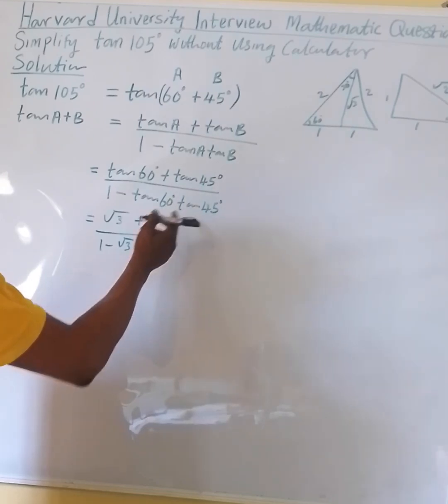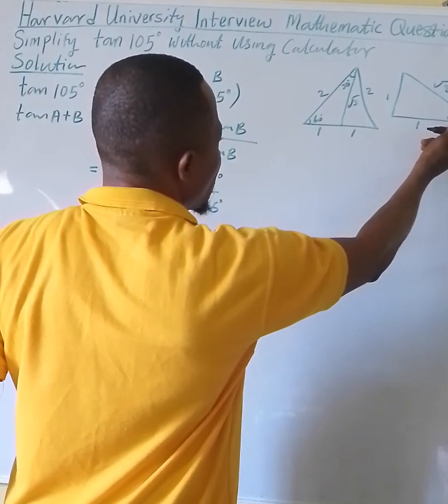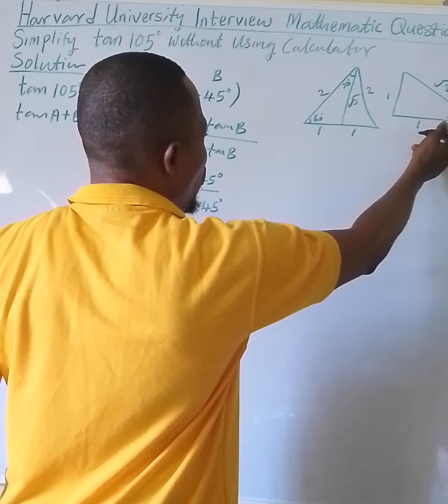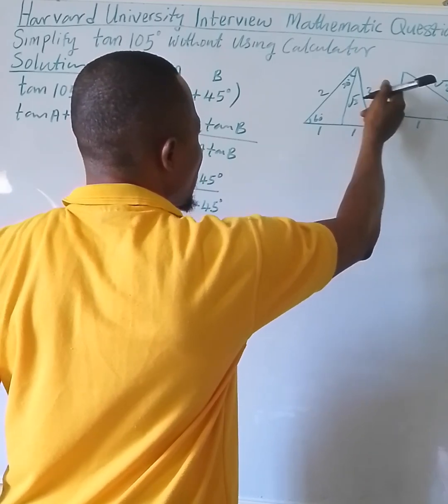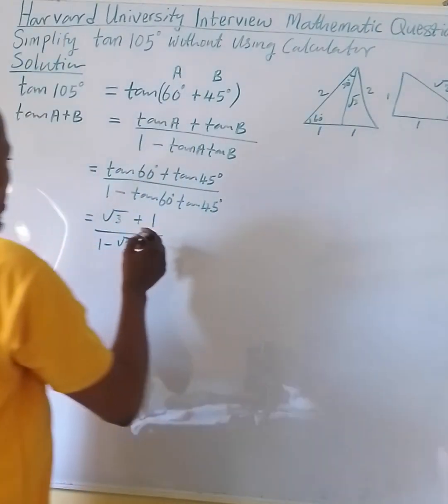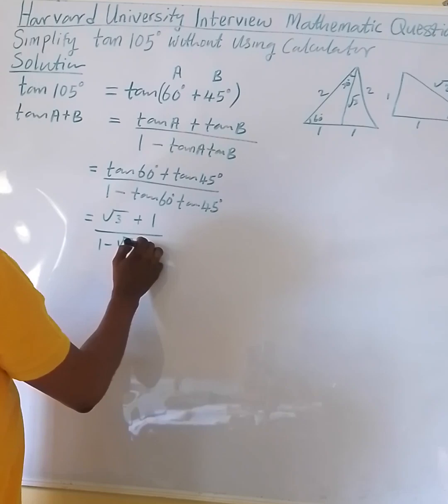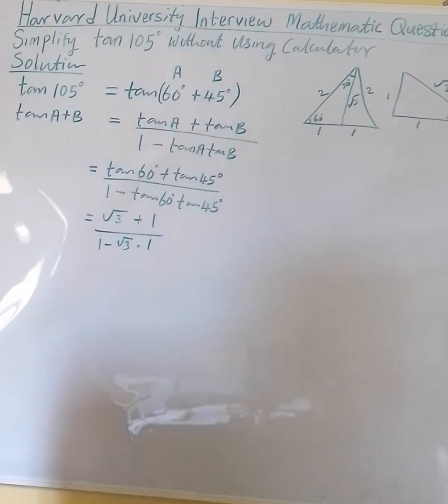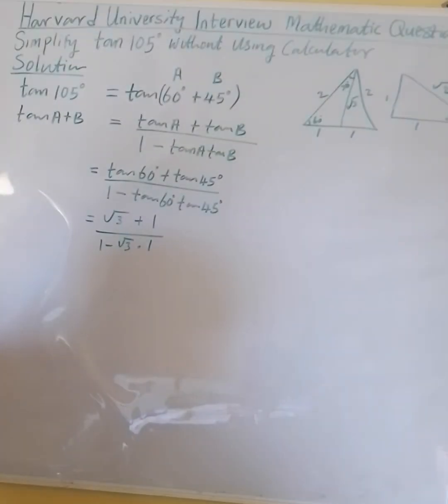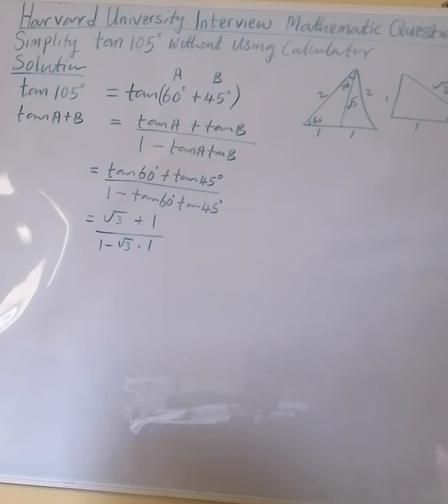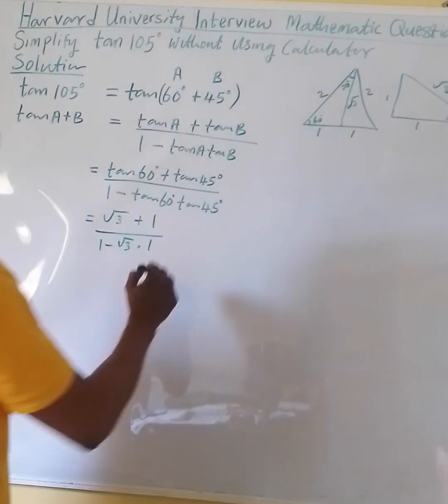So tan 45 degrees equals what? This is our 45. Tan is TOA, opposite over adjacent, which is 1, so this one will be times 1.